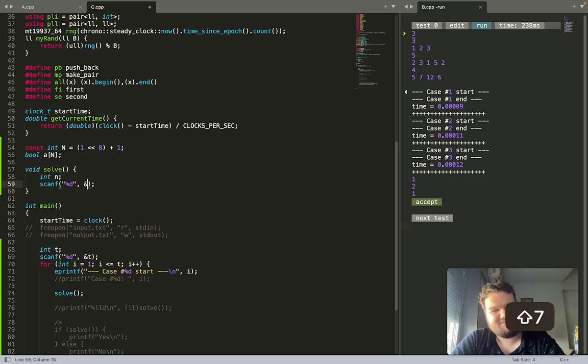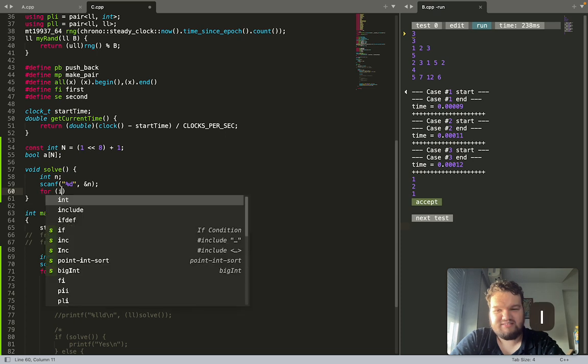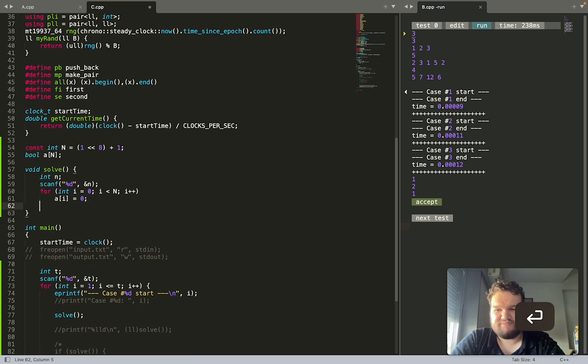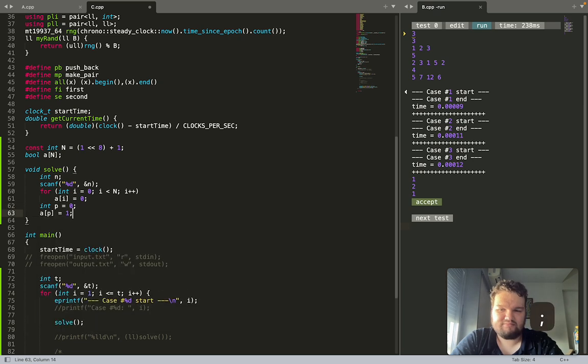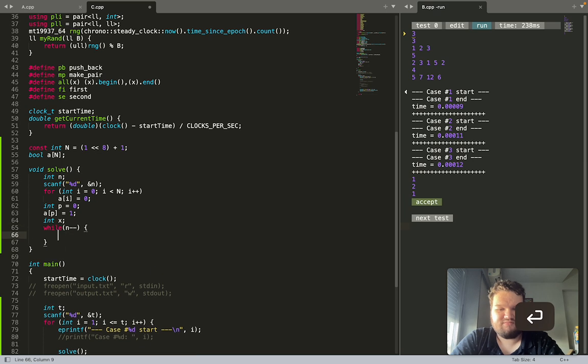Again, I don't think I have to remember the array, only mark the prefix XORs that I had. So we read n elements.